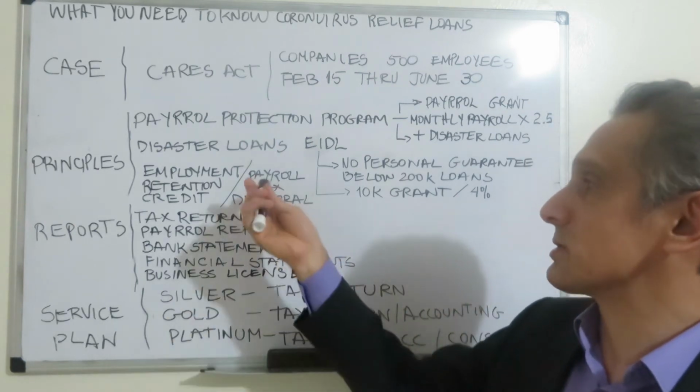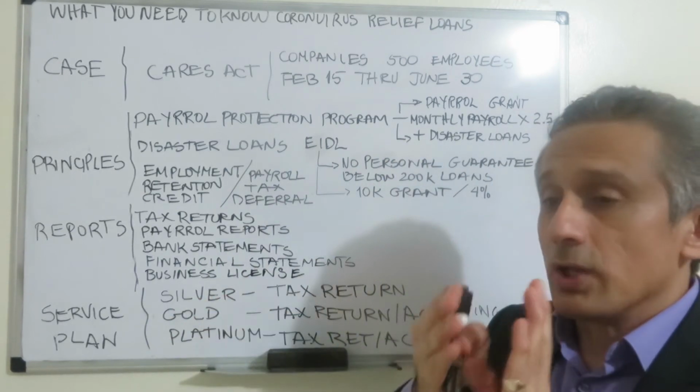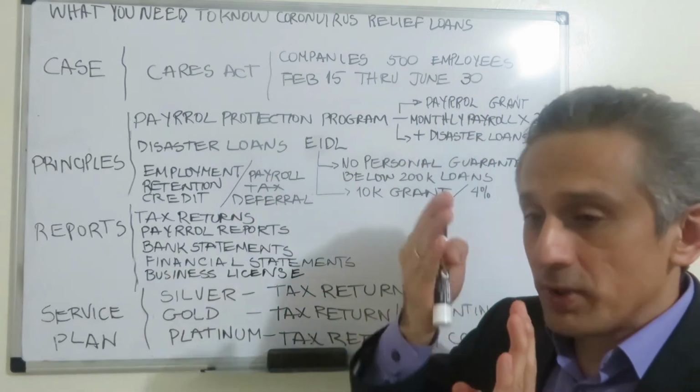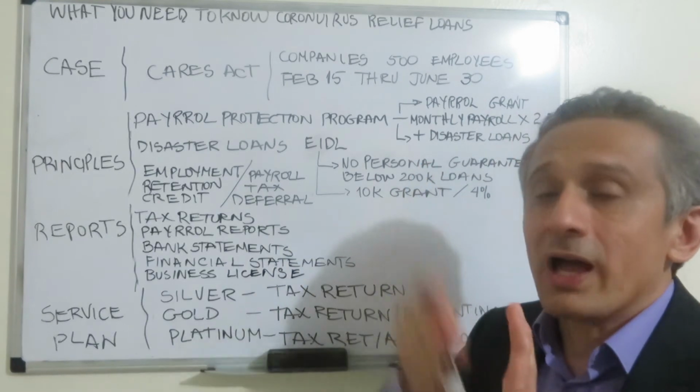In addition to that, the payroll tax deferral means that if you owe taxes, they will be split in two. You will be able to defer only the portion that you owe as an employer.